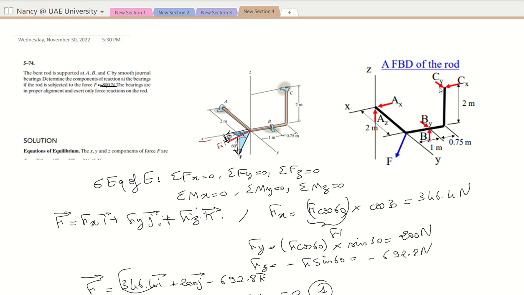Just compare Cy and By. Cy will have moment about the x, but for By, this 2 meters is 0 meters, therefore By will have 0 moment about x. Why? Because the perpendicular distance from By to the x-axis is equal to 0.